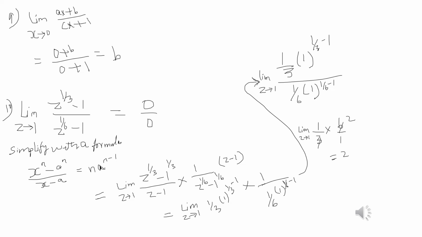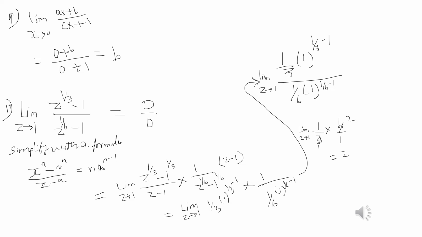The next question is limit z approaches 1 of z to the power of 1 by 3 minus 1 divided by z to the power of 1 by 6 minus 1. Here also, directly substituting 1 gives 0 by 0, an indeterminate form, so we have to simplify.